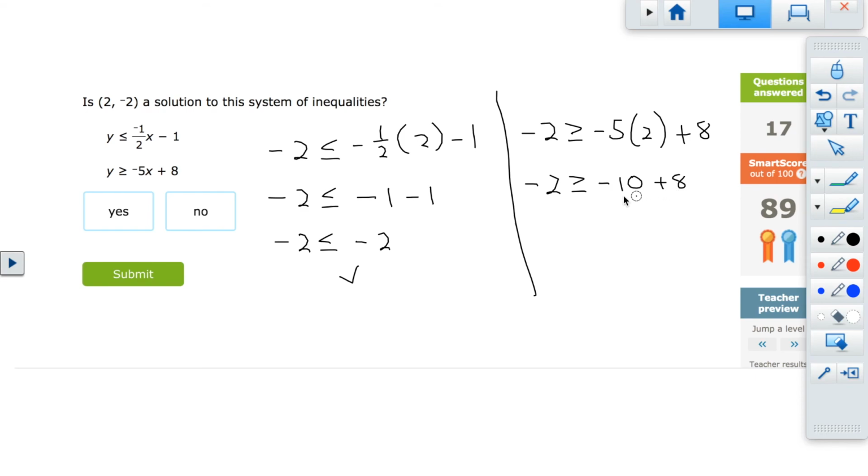These I have to subtract because they're different signs. So -10 plus 8 gives me -2. I subtract, keep the sign of the bigger number. And this is, again, because it's equal to, greater than or equal to, this is true. So this would also be a solution.